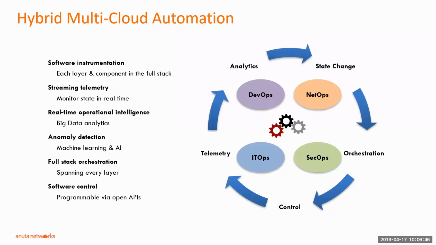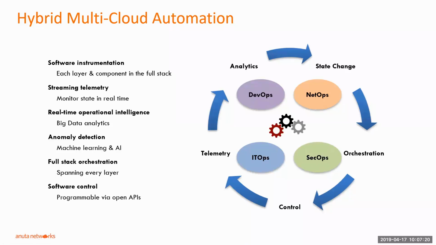So I think at the end of the day, we're all going to be looking for a model for hybrid multi-cloud automation that follows what I have in this diagram. We've got systems here. We're going to be instrumenting them, pulling metrics from that instrumentation using telemetry mechanisms, collecting that, putting it into repositories, performing analytics on that data, and doing that hopefully in real time so that we can monitor the state of the infrastructure.